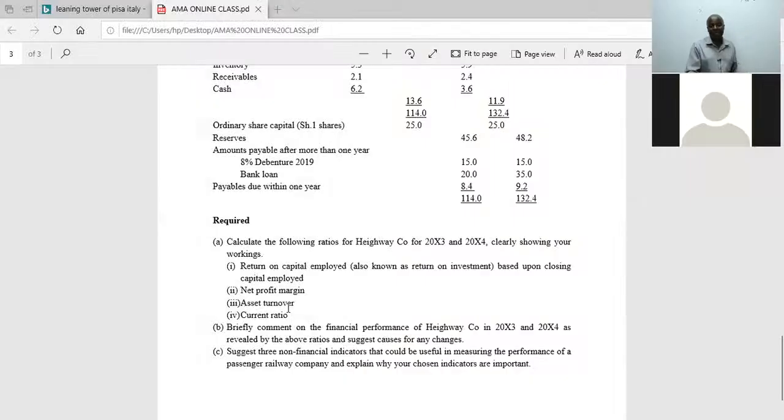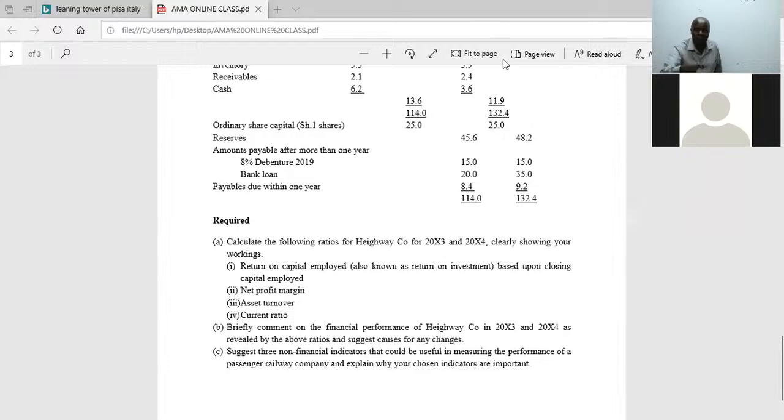So in this particular question, what have they asked us? Please take me back to that question. So while there, they want us to suggest 3 non-financial indicators that could be useful in measuring the performance of a railway company. Could you kindly give me those key performance indicators?